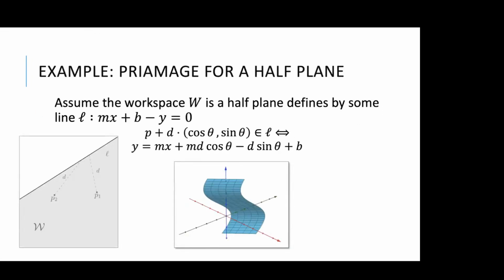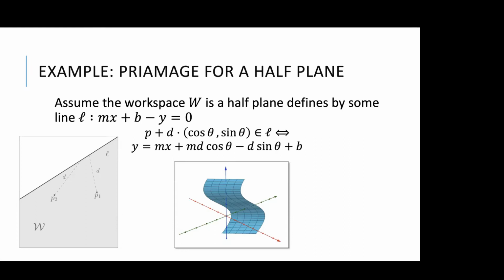Okay, so we'll start from a very simple case. First, imagine that the room is an infinite half space. We have a line wall, and we can be everywhere. And we know that we got some integer D. We want to ask, where might that robot be? So we have the line equation, and we can write the algebra. Given a point P and a vector, a point on the circle representing theta, we move D units forward, and we want to be on that line.